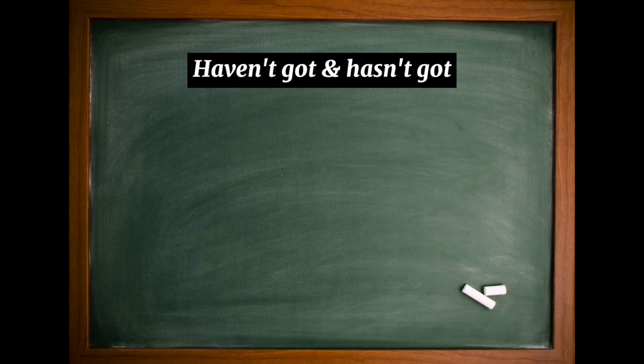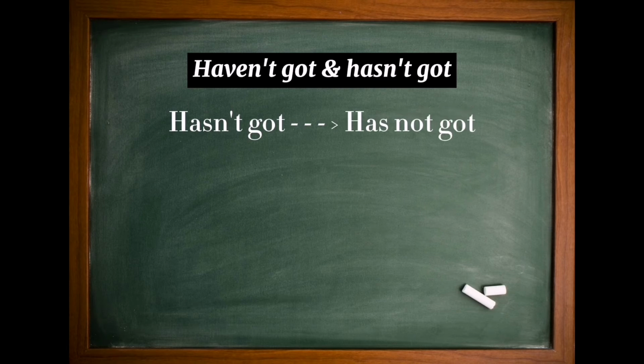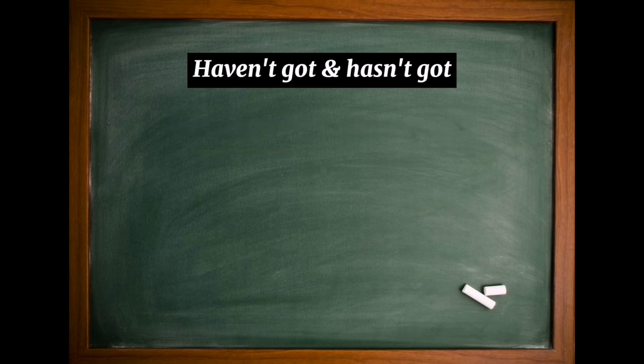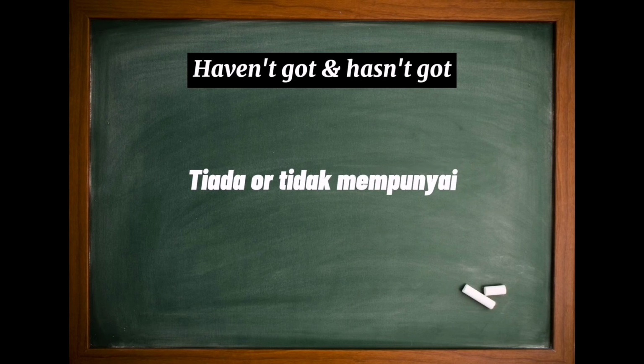While hasn't got is a short form for has not got. You can choose to write or say using has not got or hasn't got. In Malay, these two short forms, haven't got and hasn't got, simply mean tiada or tidak mempunyai.